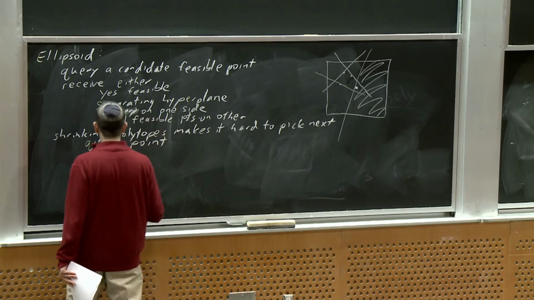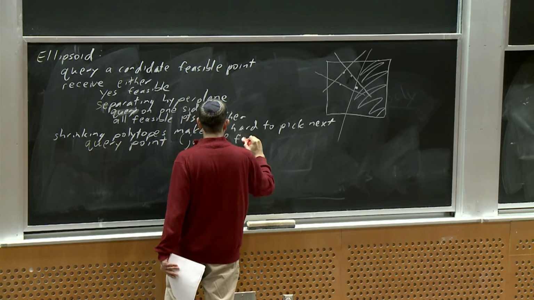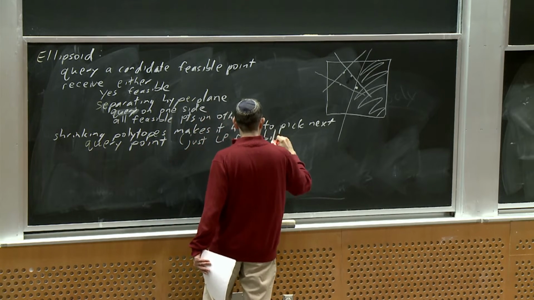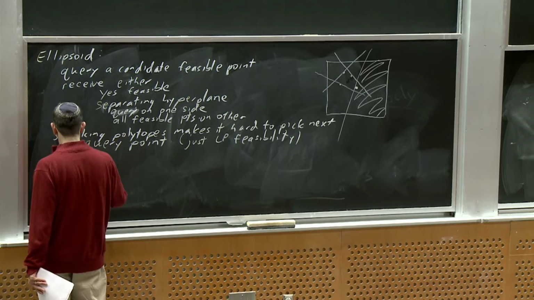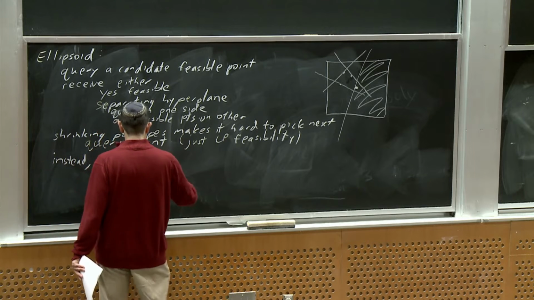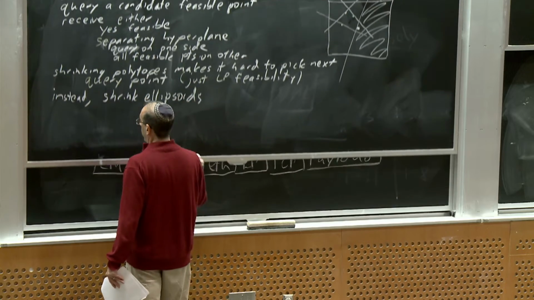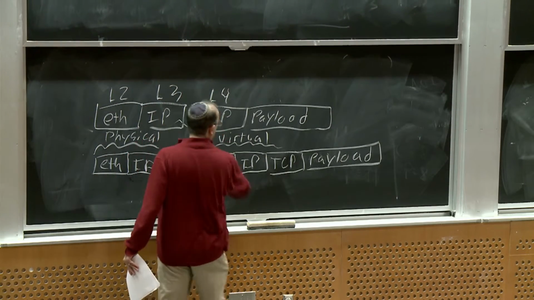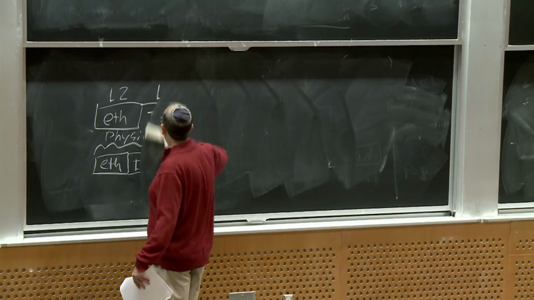So instead, because it's just doing the LP feasibility problem, what the ellipsoid algorithm does is shrink ellipsoids. Okay. So now we can talk about how the ellipsoid algorithm is actually framed.